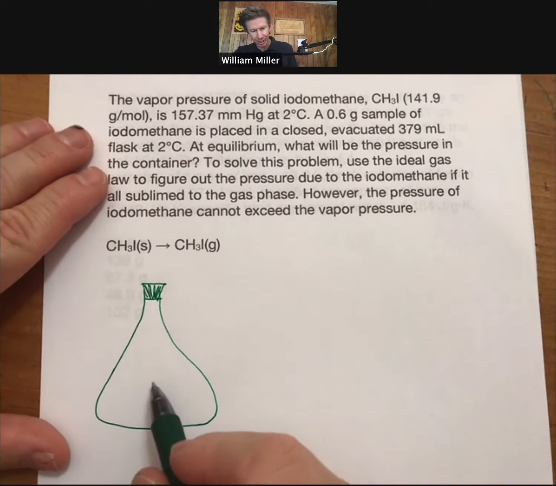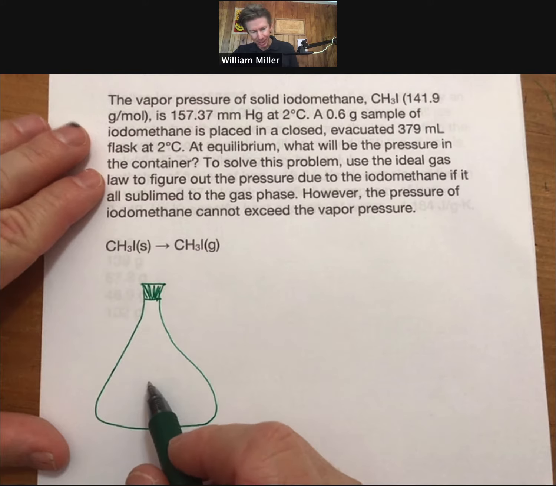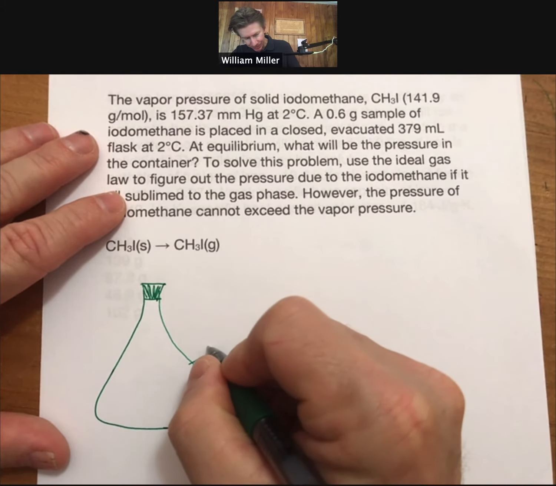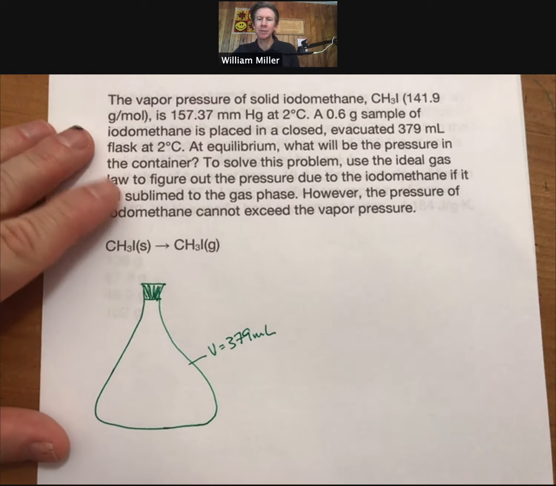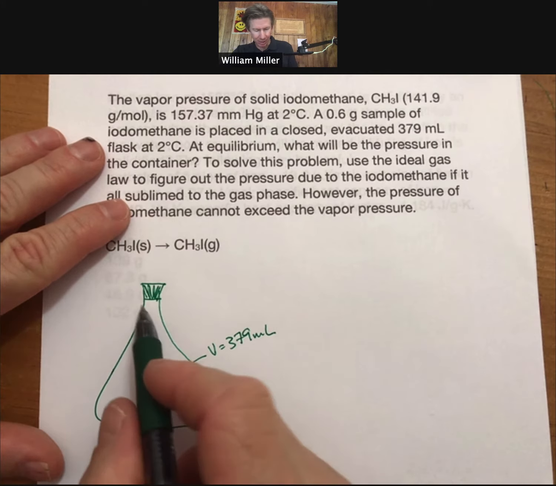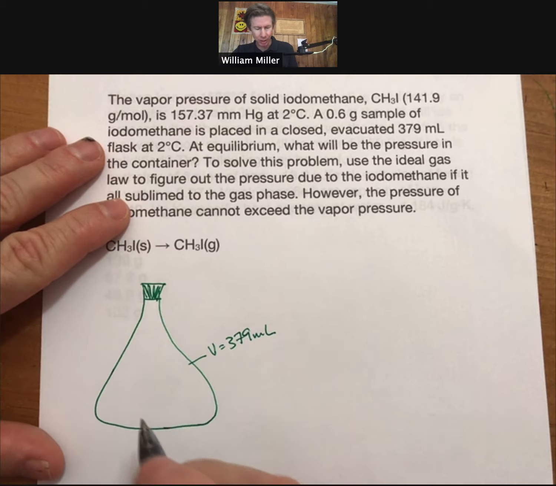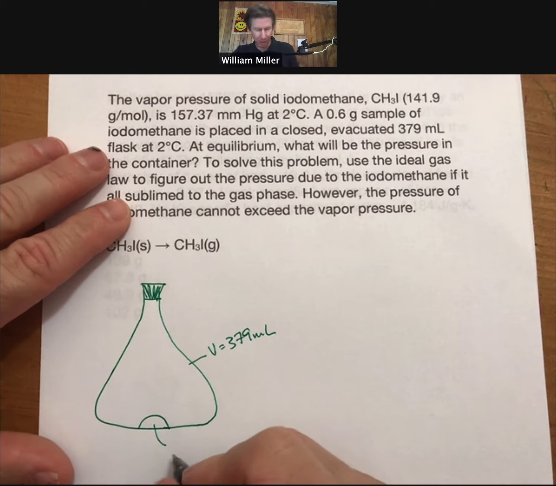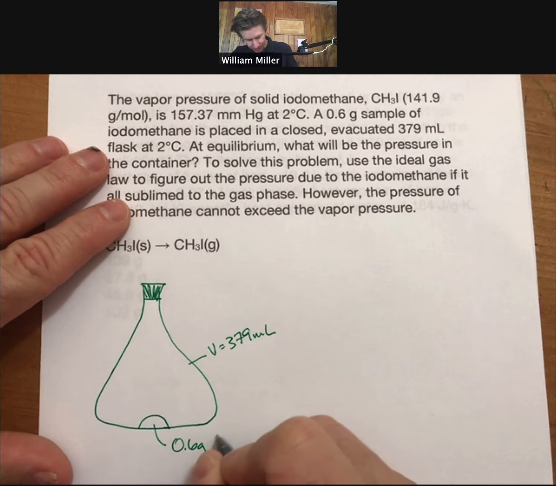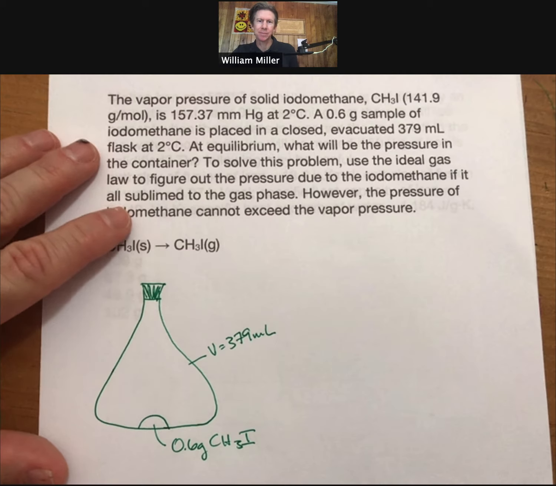So we've got some sort of container, and it's got a volume of 379 milliliters, and we'll just include everything up to the corked area, the rubber stopper. And then inside there's a little lump, and it's 0.6 grams of iodomethane.